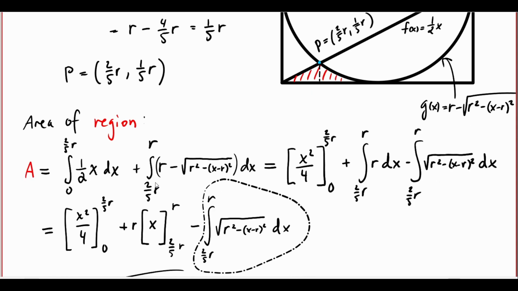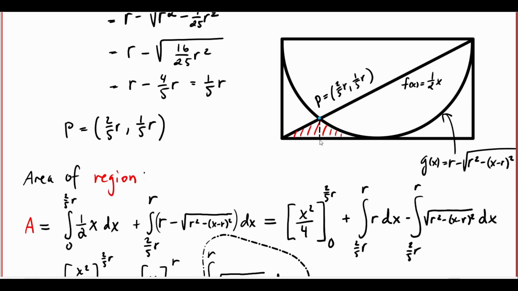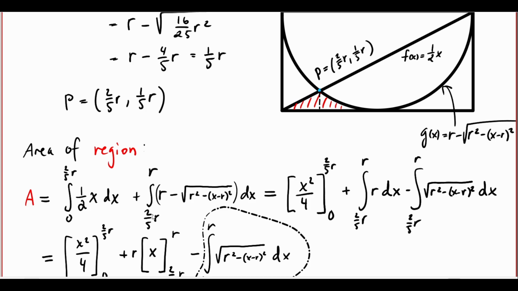So we have to integrate, so the integral from 2 over 5r, so from here to r, okay, so 2 over 5r to r, but then we have to use the formula for the half circle. So the formula for the half circle, so r minus square root r squared minus x minus r squared dx. So this is the g of x function, the g function.